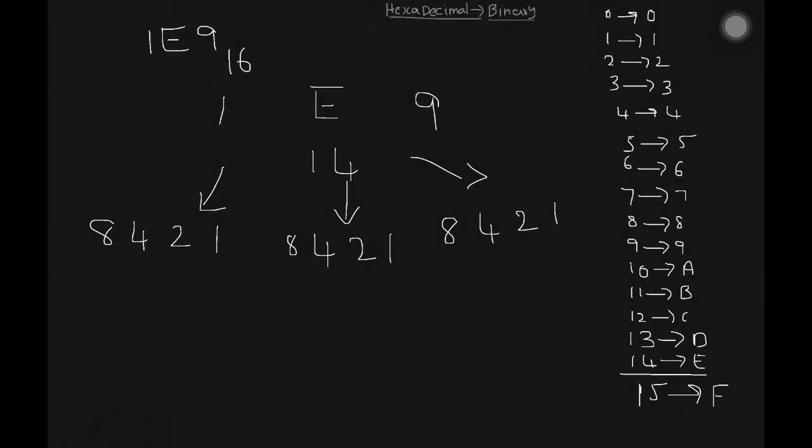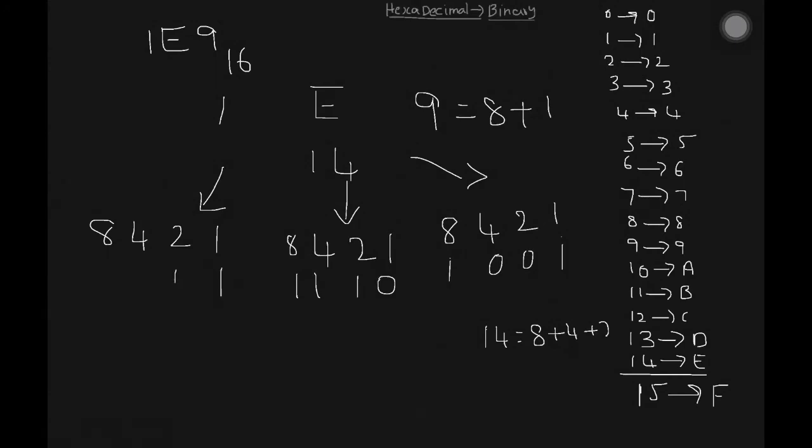One bit means a digit, a number, a place, which is particularly stored in the computer. 9 equals 8 plus 1, so 1, 0, 0, 1. 14 equals 8 plus 4 plus 2, so 1, 1, 1, 0.